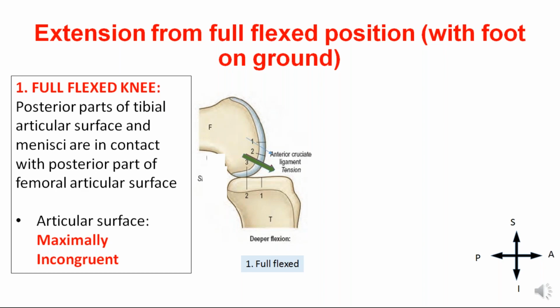Can you see this picture? The first picture is of a fully flexed knee joint. This is the femoral condyle, and the lower one is the tibial condyle, and this is the anterior part of the picture, that is the tibial tuberosity. In the fully flexed position, the contact point is the posterior part of the tibial articular surface and the menisci, in contact with the posterior femoral articular surface.